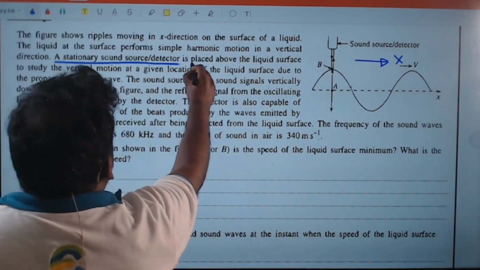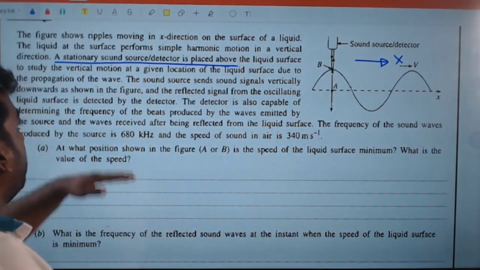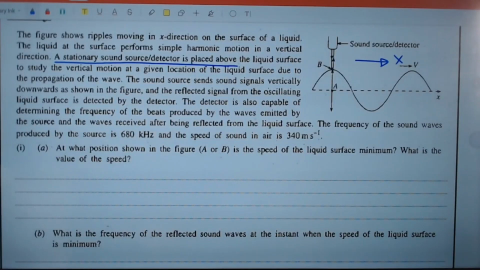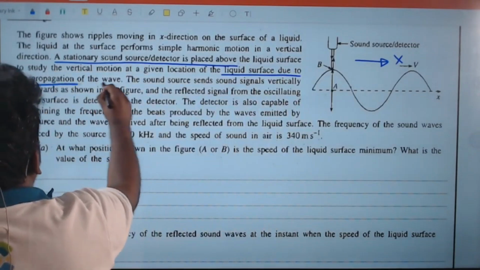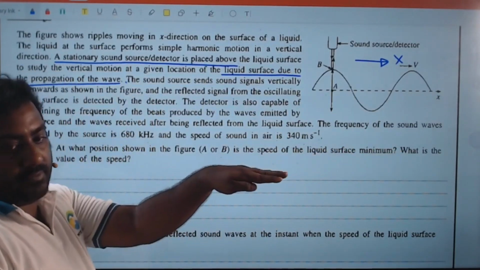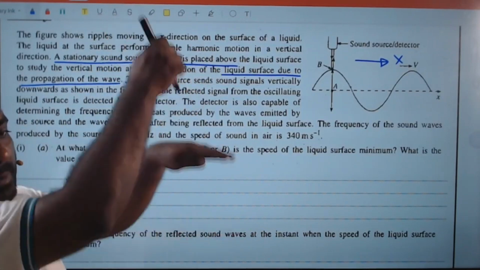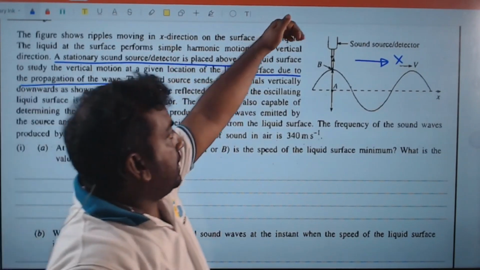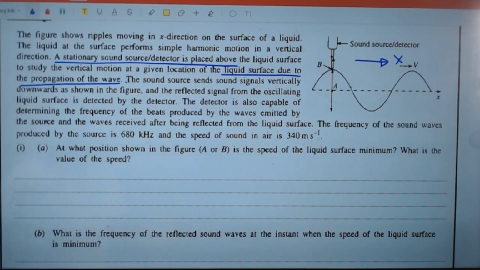A stationary sound source detector is placed above the liquid surface to study the vertical motion of a given location of the liquid surface due to the propagation of the wave. The wave goes up and down, and the sound wave comes, knocks and reflects.